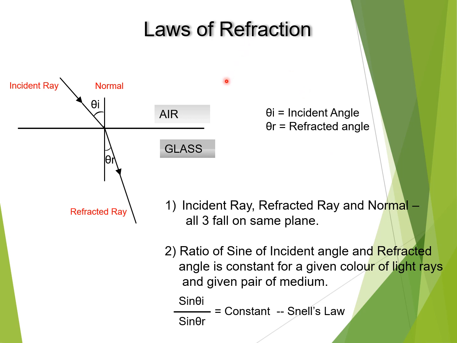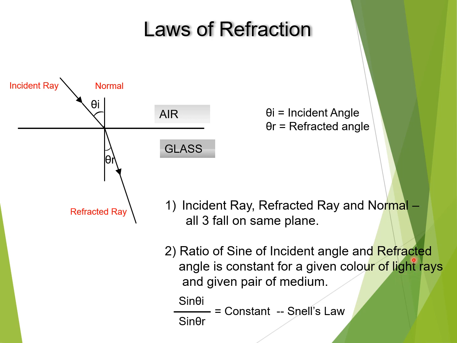And what are the laws? Incident ray, refracted ray and normal, all three shall fall in the same plane. Like in the law of reflection, where incident ray, reflected ray and normal were all in the same plane. The only change is that here it is the refracted ray. And the second law is that the ratio of sine of incident angle and sine of refracted angle is constant for a given color of light. Please note it down.